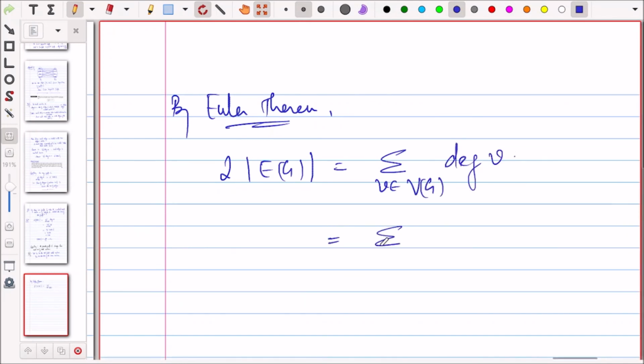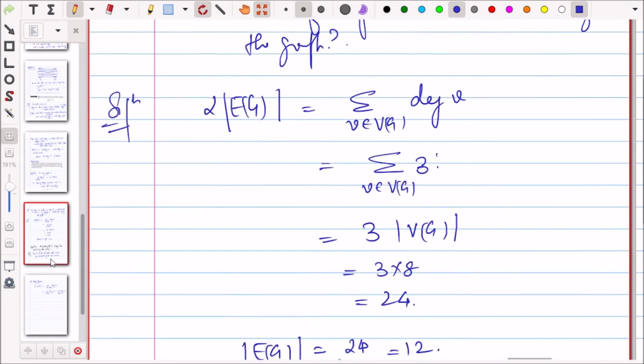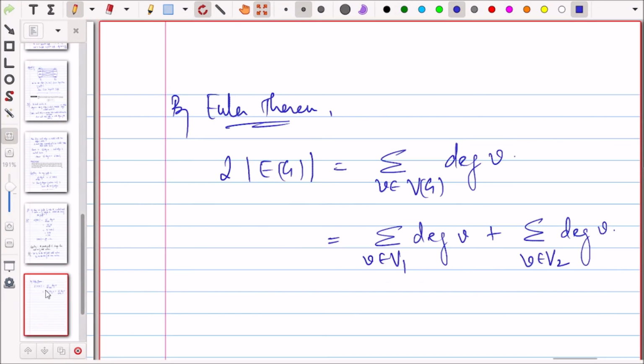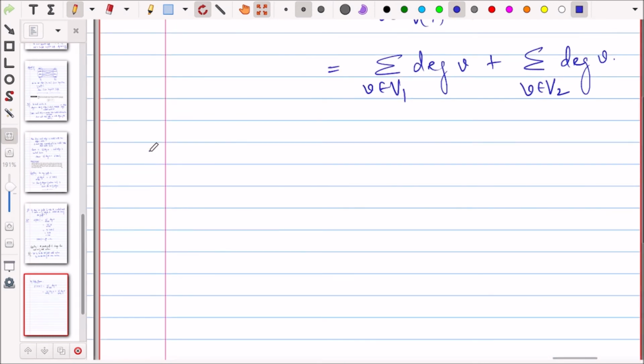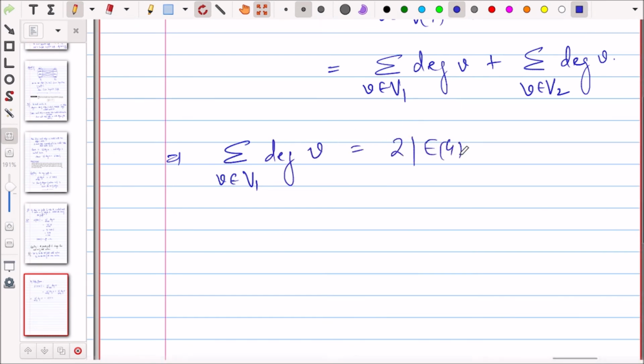So this can be written as summation V belonging to V1 degree of V plus summation, हमने अलग अलग कर लिए, V belonging to V2 degree of V, right? V1 कहते हैं अपने set of odd vertices. So from here what we will have, summation V belonging to V1 degree of V is equal to twice the number of edges minus summation V belonging to V2 degree of V.